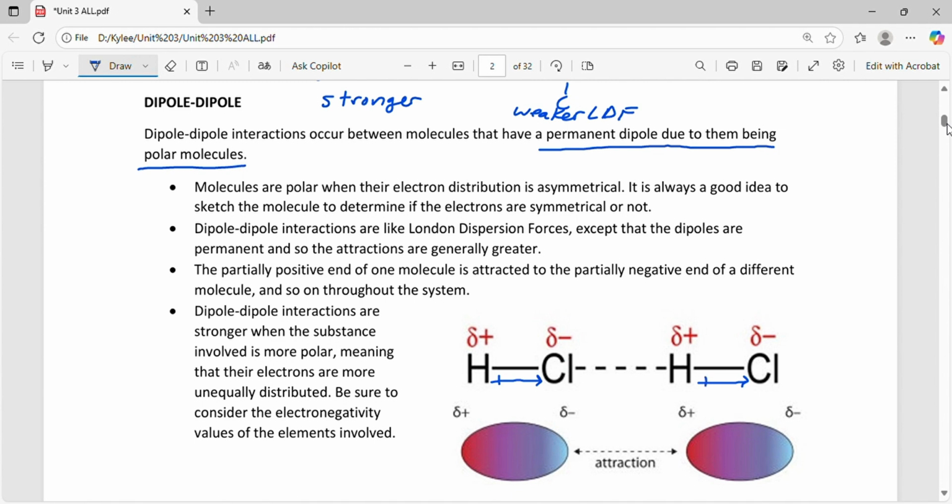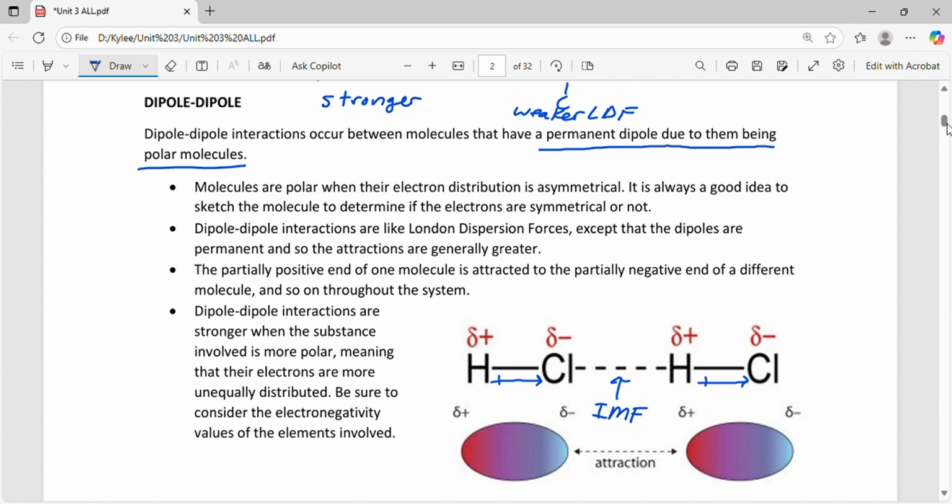And that's what creates our dipoles, our positive with the hydrogen and our negative with the chlorine. Well, if they interact with each other, so two HCl molecules come together, there's going to be an attraction. And again, this is my intermolecular force. That is what is attracting the positive end of one molecule to the negative end of another. And it's kind of like a magnet, if you will.